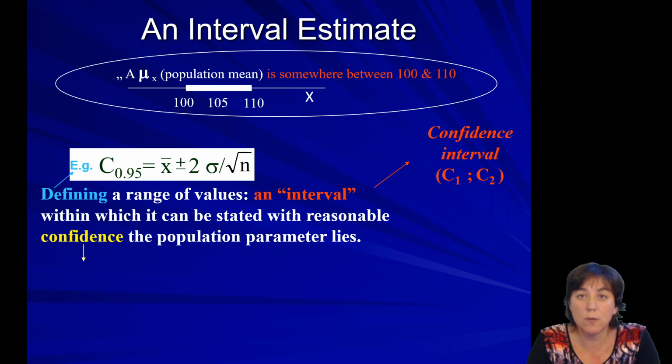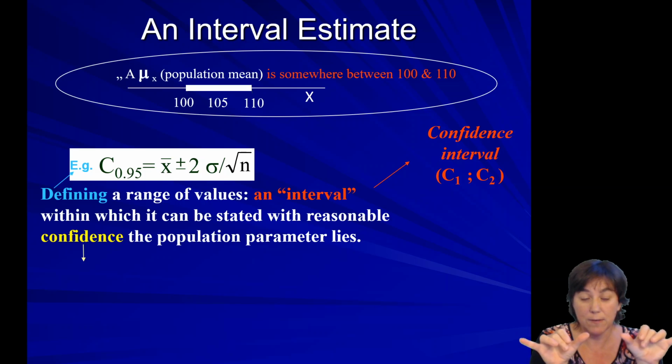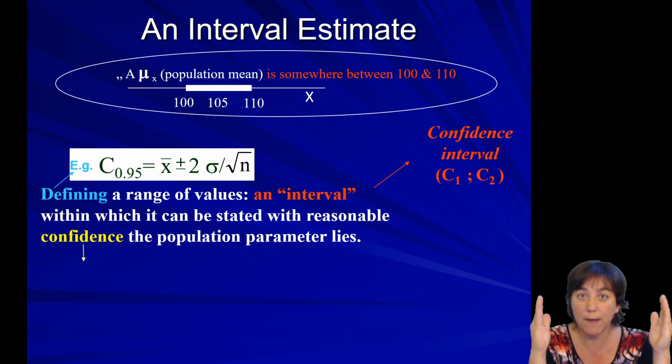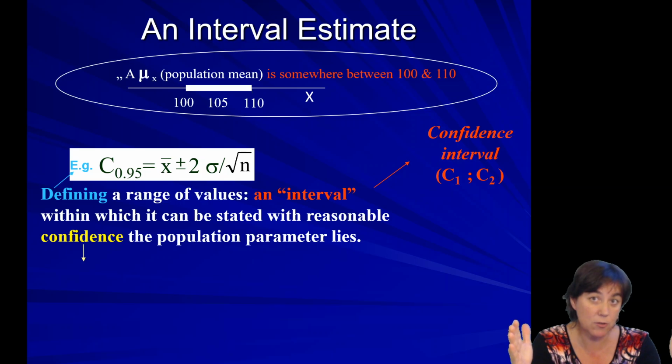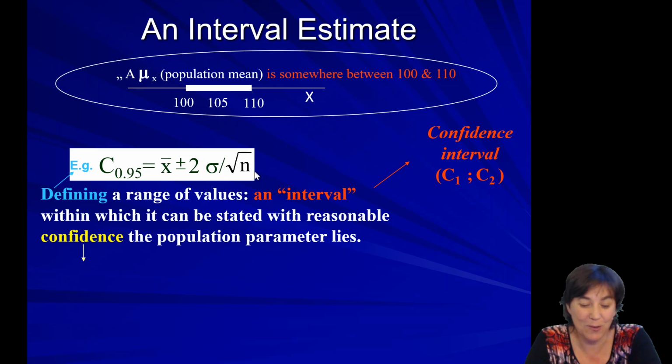If you think back to the normal distribution, we said that within 2 standard deviations, we can find 95% of the population. So that's why we're taking 2 standard errors of that population mean. You can recognize the formula here, only we're talking here about the population deviation.